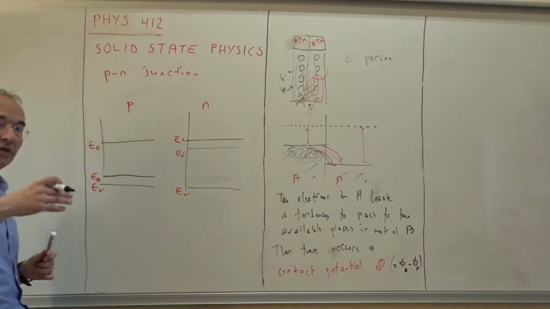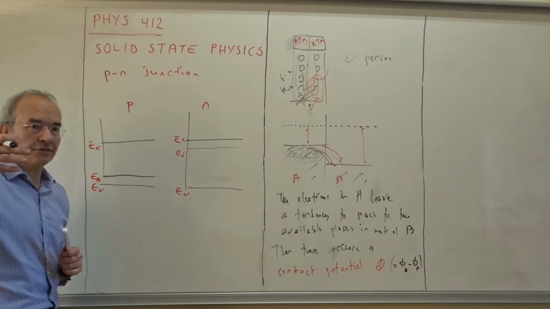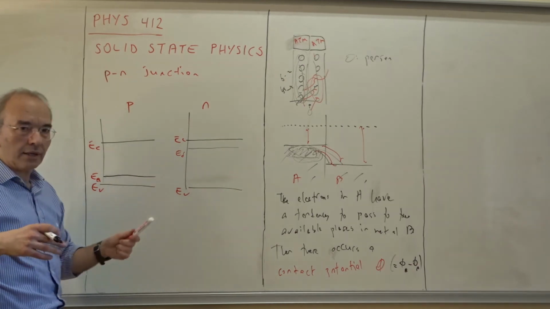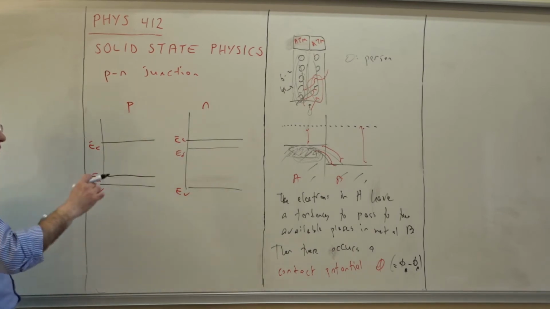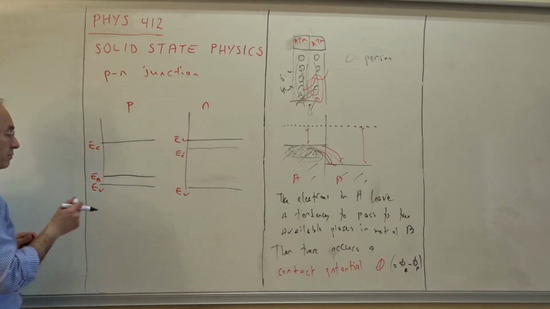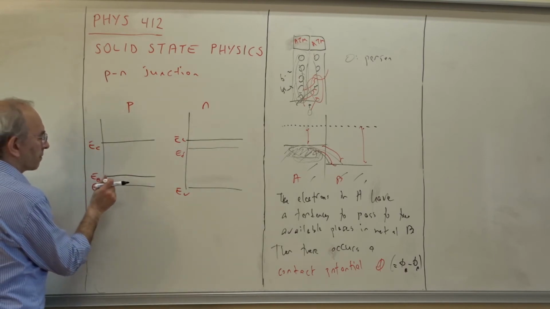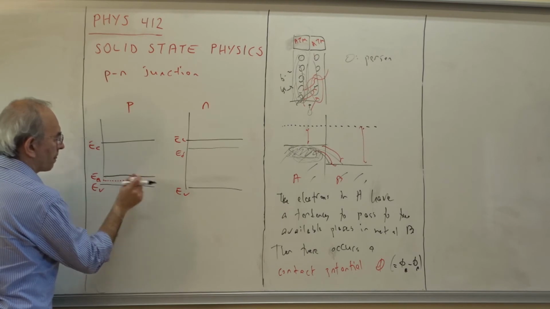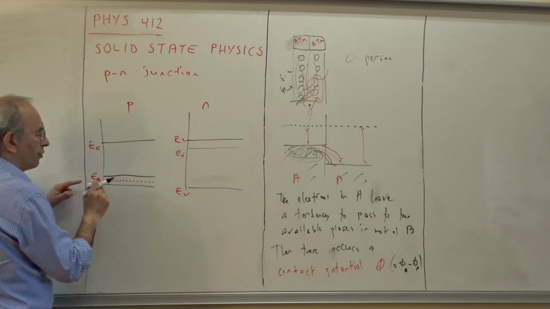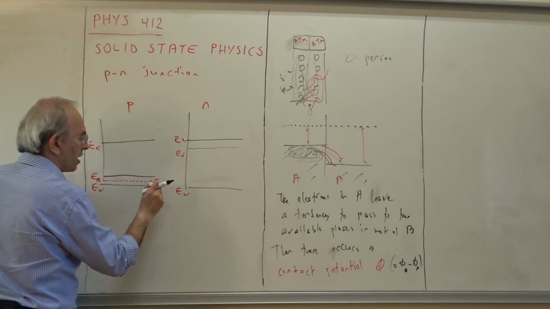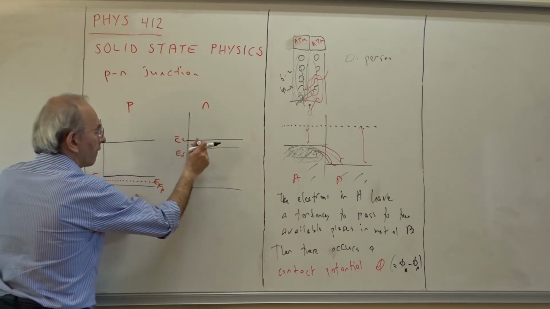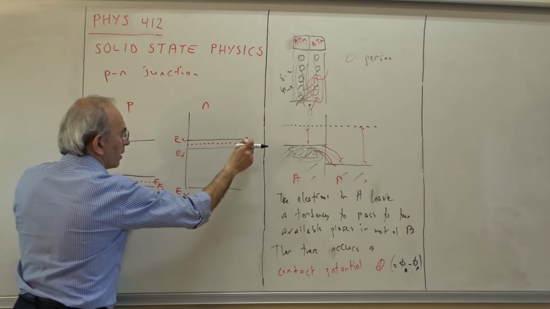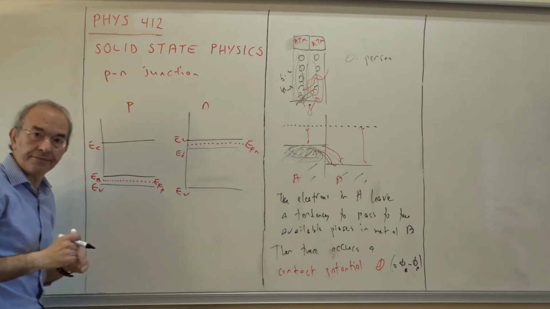On the other hand, we have seen that the new Fermi levels for the doped cases lie somewhere in the middle. For example, this is the level E_F for the case of p, and here we have E_F for the case of n.